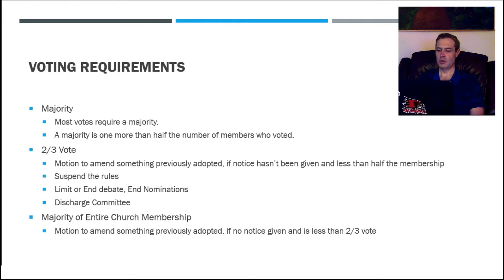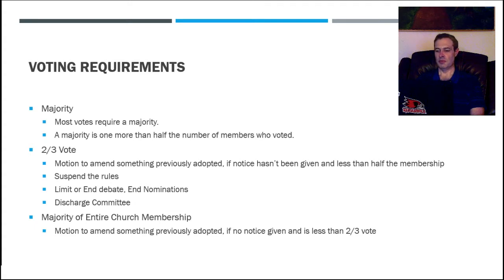So if you can get more than half the membership to agree to it, even though you don't have a 2/3 vote of the people there, the motion could be approved. Otherwise, you would require the 2/3 vote.